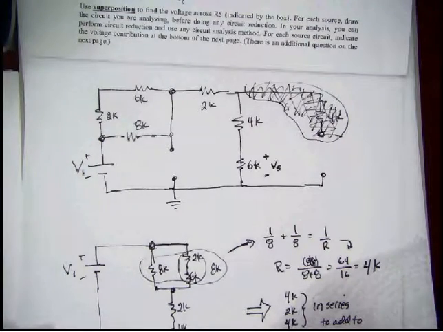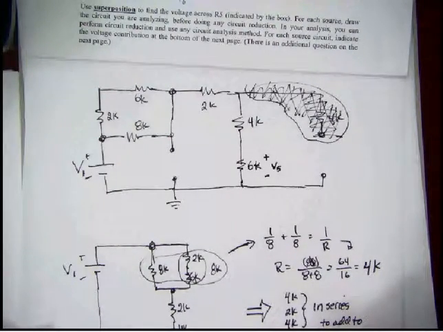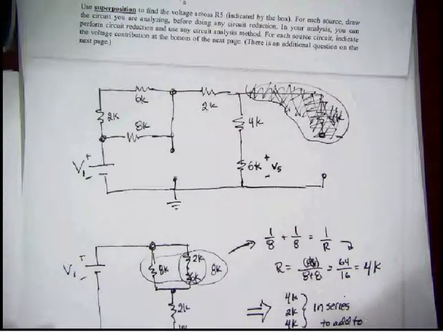And this is basically a voltage divider circuit. So the voltage right here, which is what I'm interested in, V5, is going to equal V1 times the voltage divider, which would be 6K over 10K plus 6K.